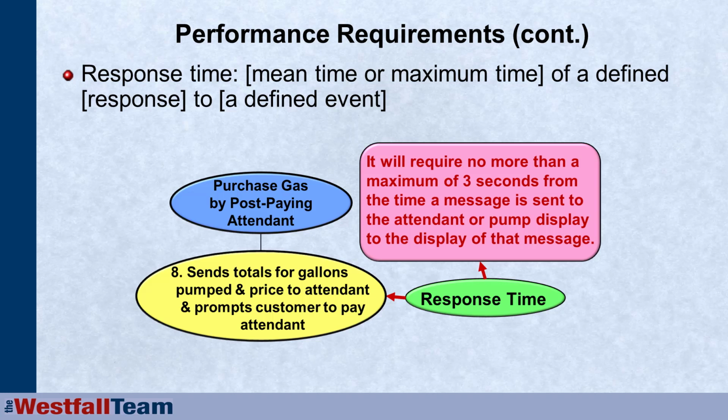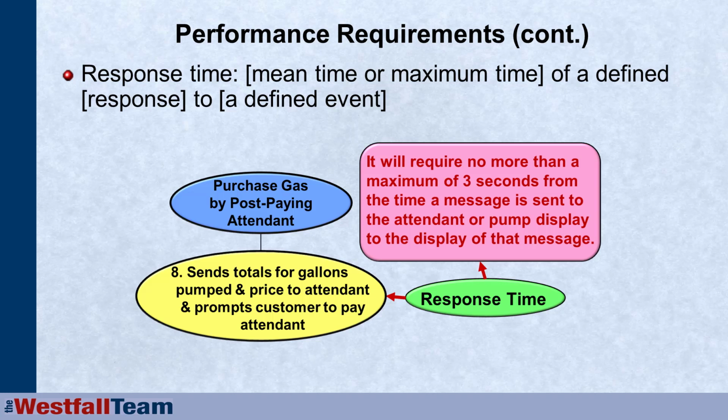So I can't test that, I can't control that. But I can control how quickly my system will time out if it does not get a response. So I can have requirements around if it does not receive a response within X number of minutes, the system will do what. So I can have those types of requirements.